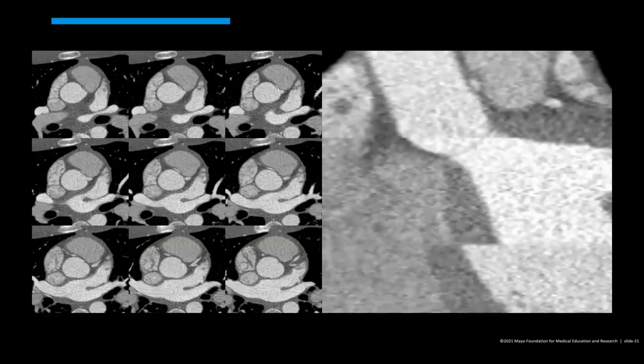Next case presented with chest pain. Right, so thanks, Amina. The next case taker is Taha from Case Western. Okay, so we have axial CTs through the heart. So I see the takeoff of the LAD.